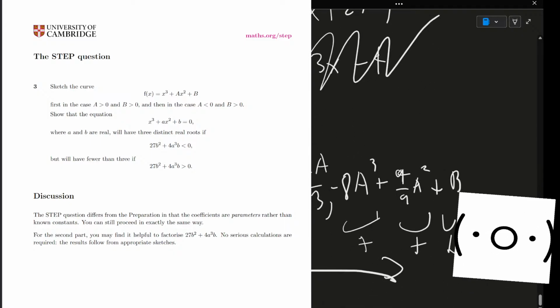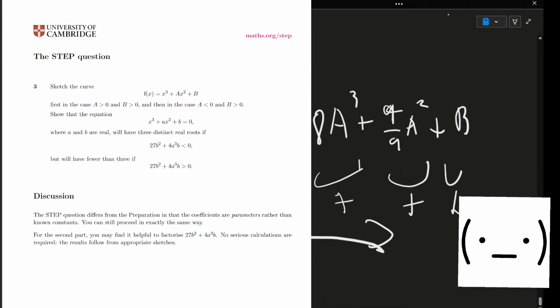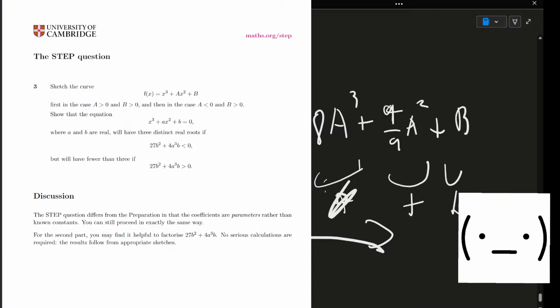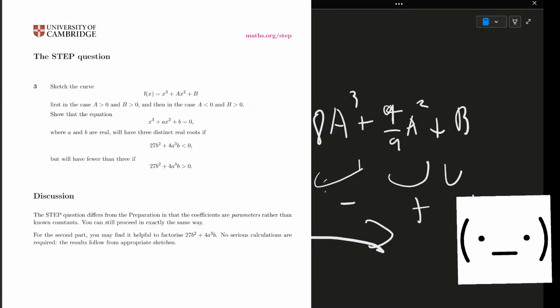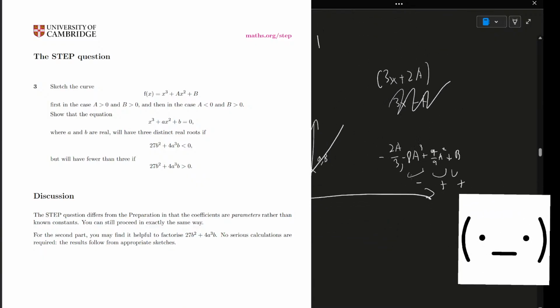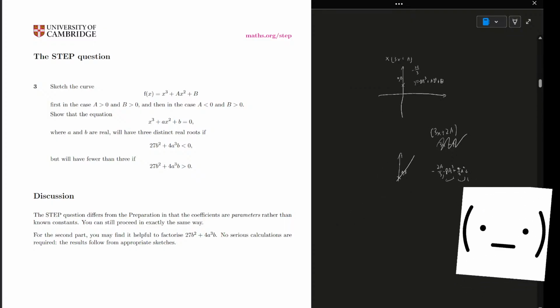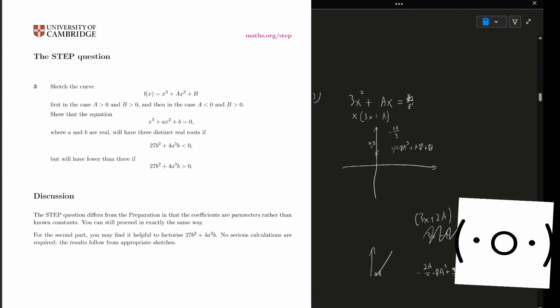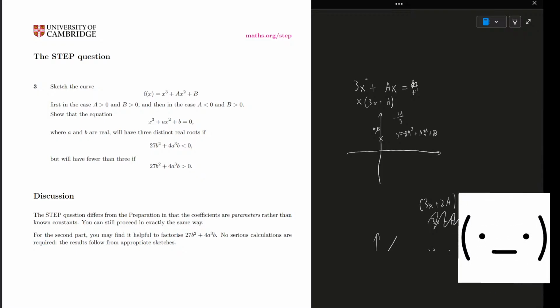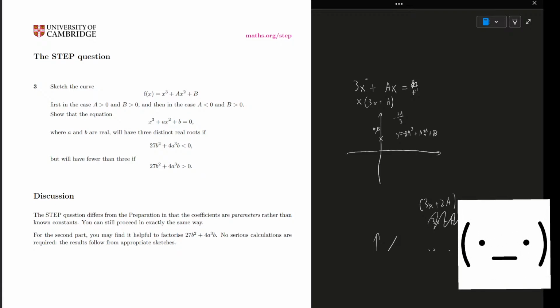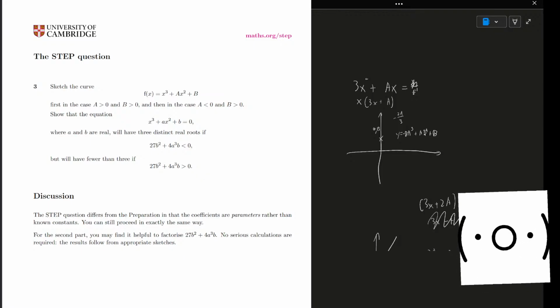Let's see. If this is positive, then this is negative. This is positive. This is positive. So we have no clue. It's essentially the conclusion that they've given us. But we have no clue. It could be negative. It could be positive.